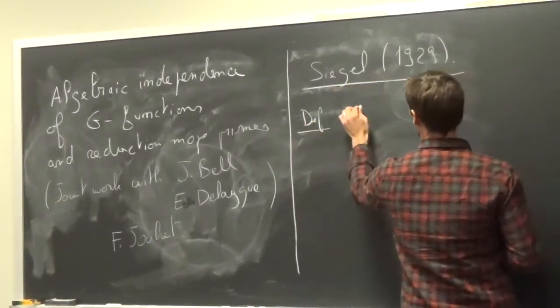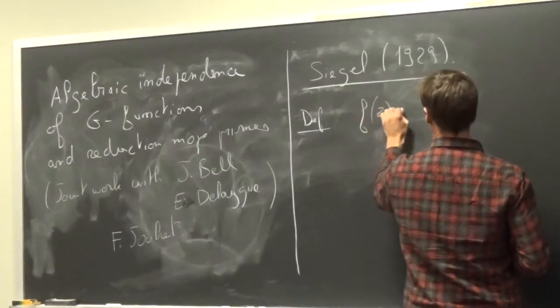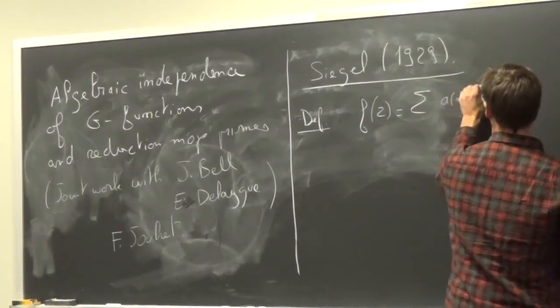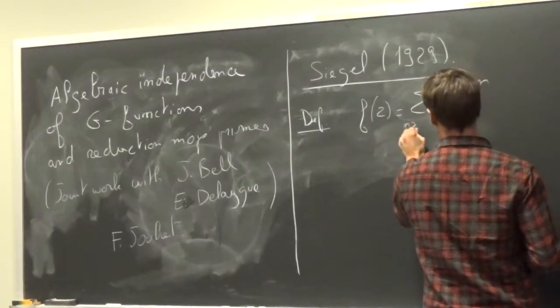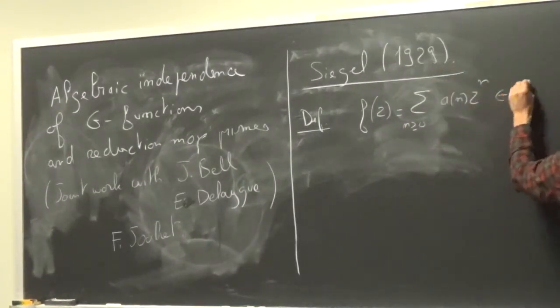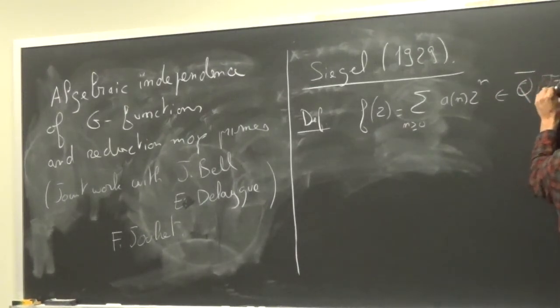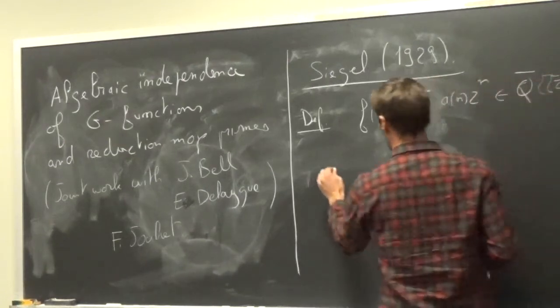A G-function is a power series with algebraic coefficients, and f is a G-function if the following three conditions are satisfied.